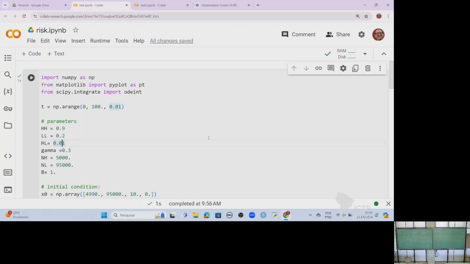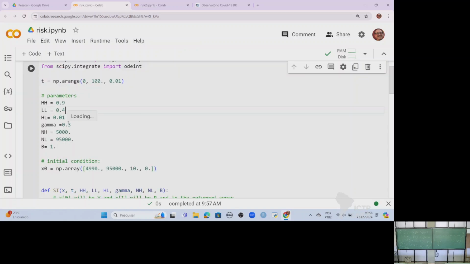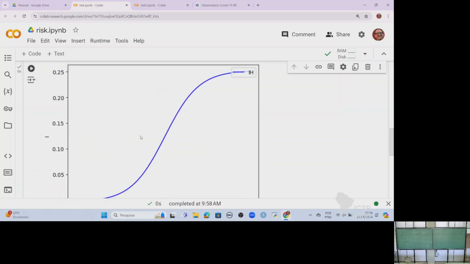So everything depends on the relation between beta, which is beta LL in this case, and gamma. If this is bigger than gamma, then you have R0 bigger than 1. And you look at this, and now you have 25% of the population.